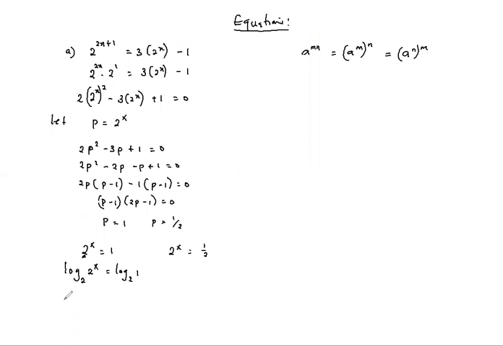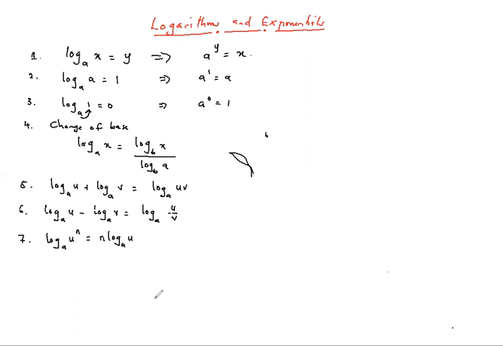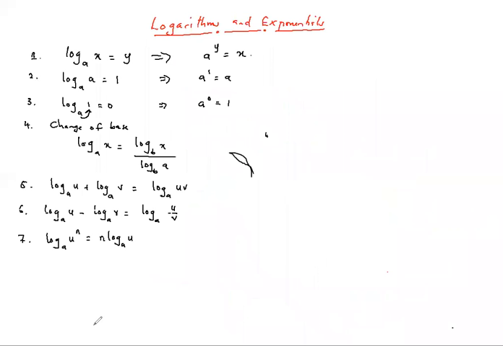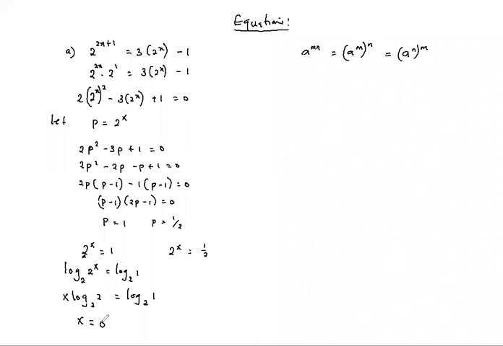So x can come down, and when I say log 2 of 2, following the properties, it becomes property number 2. So we get 1. So x log 2 of 2, property number 3. When there's a 1 there, we get 0.